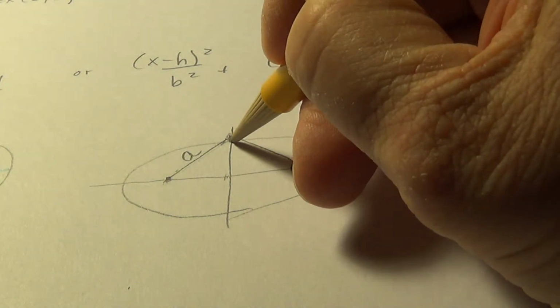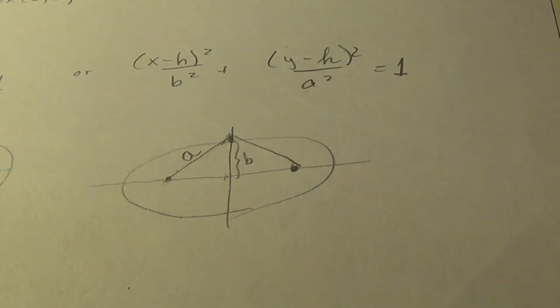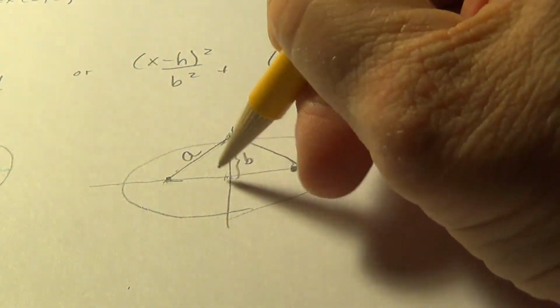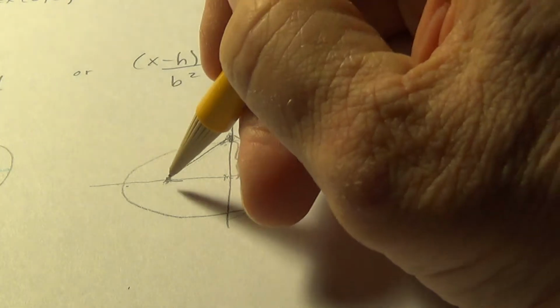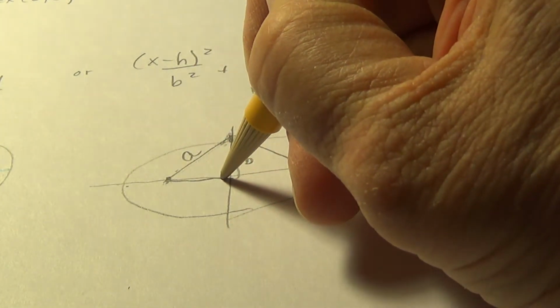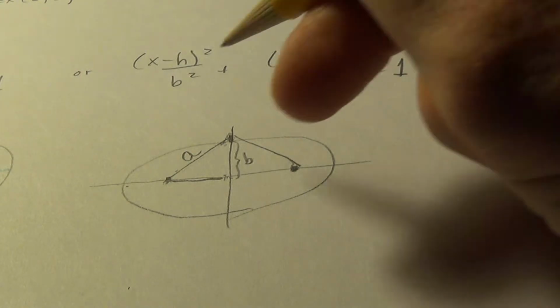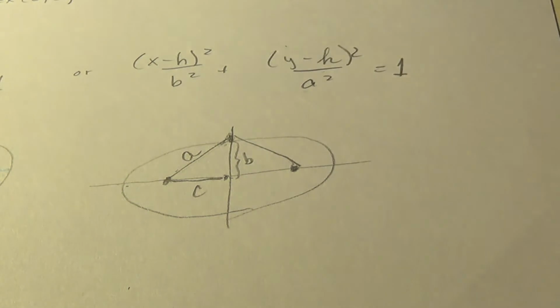We already know this amount from our previous study. That's b. We called from here to here a as well, but it's the same as from here to here. It doesn't look like it on my sketch, but on a really accurately drawn ellipse it is. I'm going to call the distance from the foci to the center c.